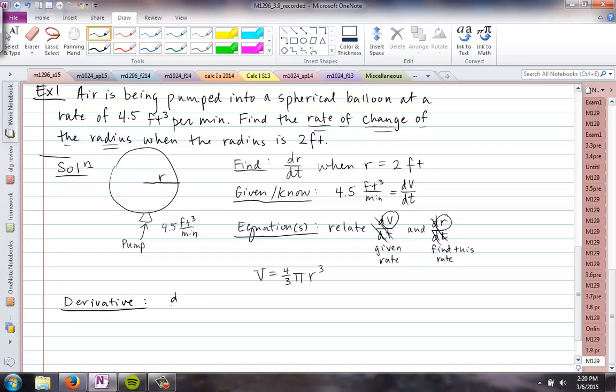So you take the derivative of both sides with respect to t, because we know the stuff in the equation that depends on V, and what we're trying to find is the rate dr over dt, so we need to introduce that somehow, and the way we're going to introduce that rate is to take the derivative of both sides of this equation with respect to t.